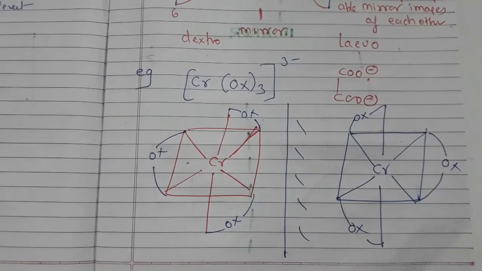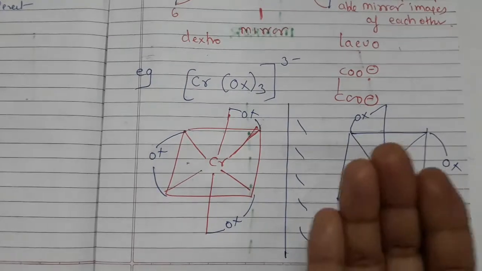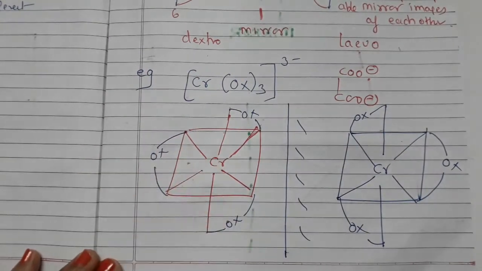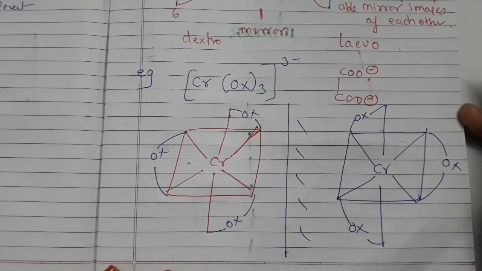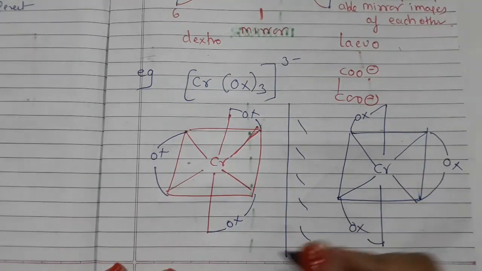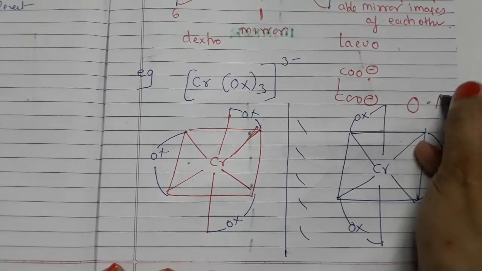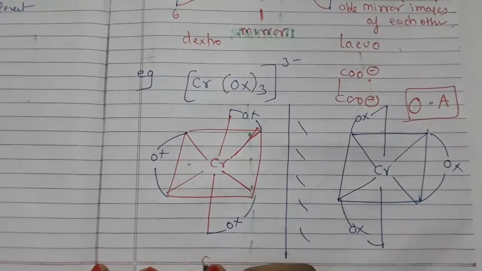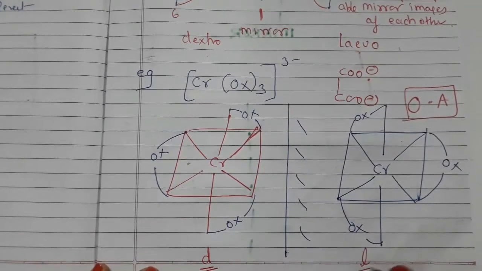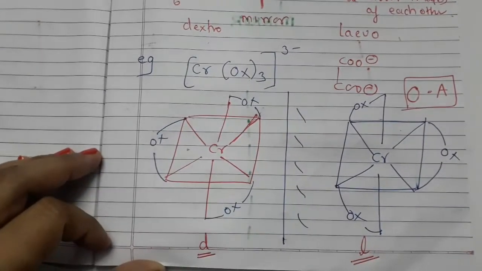Now, you lift this structure and try to place it over the first structure. You will see that they are also non-superimposable mirror images of each other. Hence, this compound is optically active. If this is dextro, this is going to be levo.